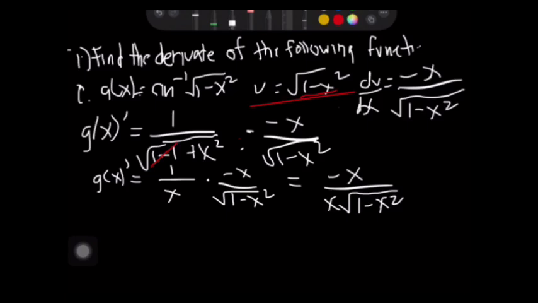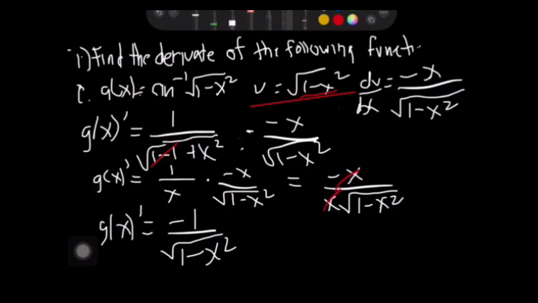Now we can cancel the x, and we found that the derivative of g of x is negative 1 over the square root of 1 minus x squared. So that is the derivative of the function g of x.